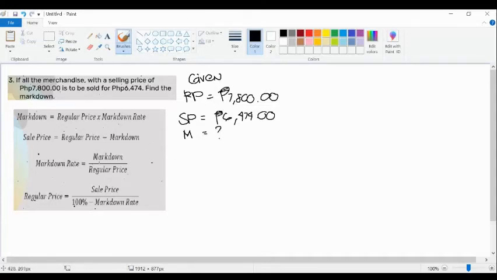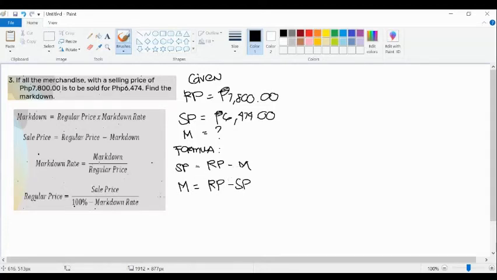So we can use the formula sale price is equal to the regular price minus the markdown. If we transpose this formula, it will give us markdown equals the regular price minus the sale price. So we just transpose sale price to your right.